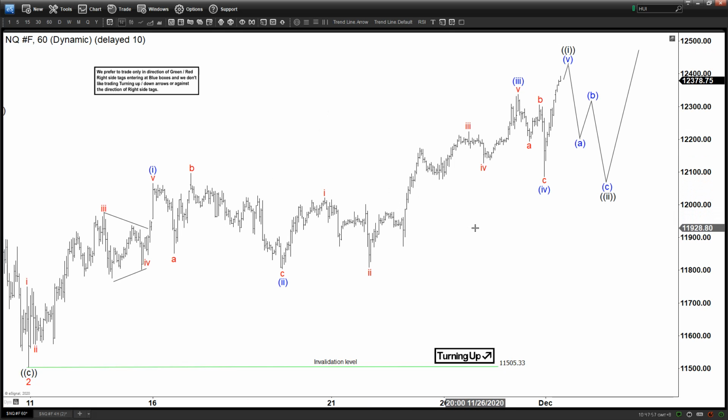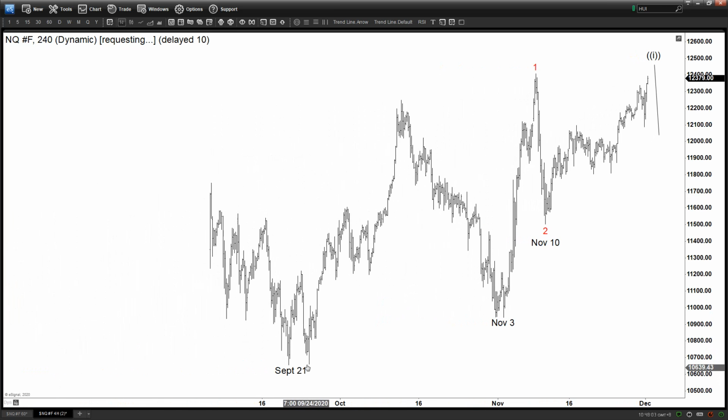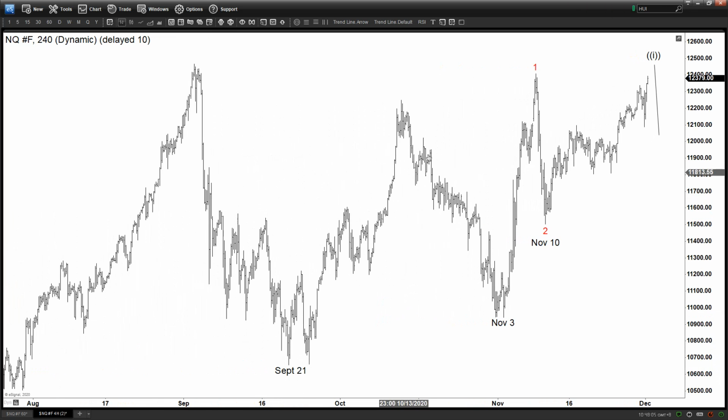Now secondly, another alternate here is, if we look at the rally from September 21st here, right, you can see right here. Now we have not been able to break above September 2nd yet, right? So now I think the key is this level here.